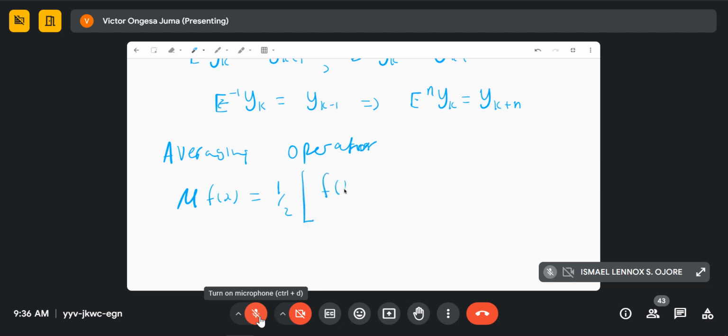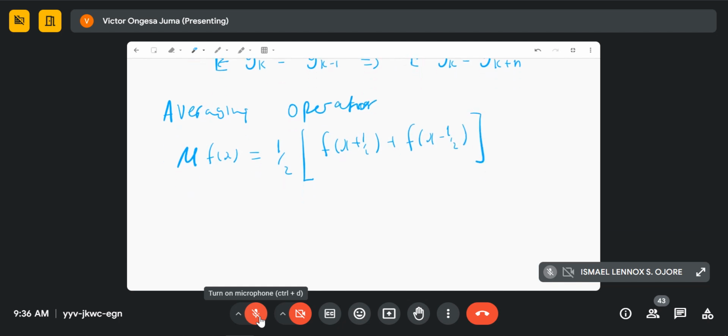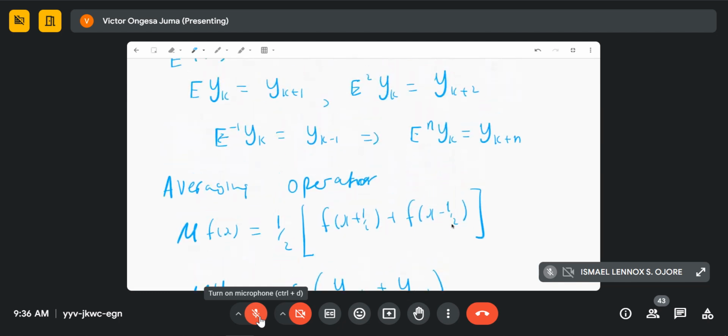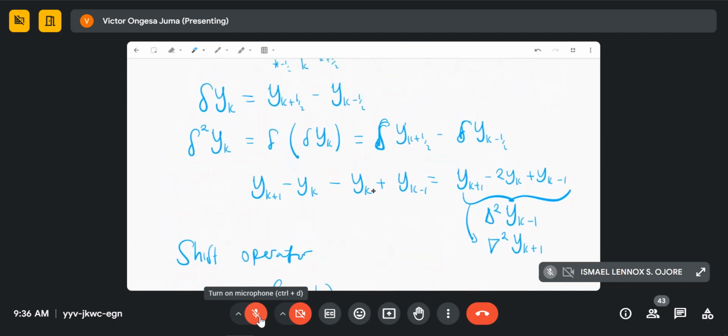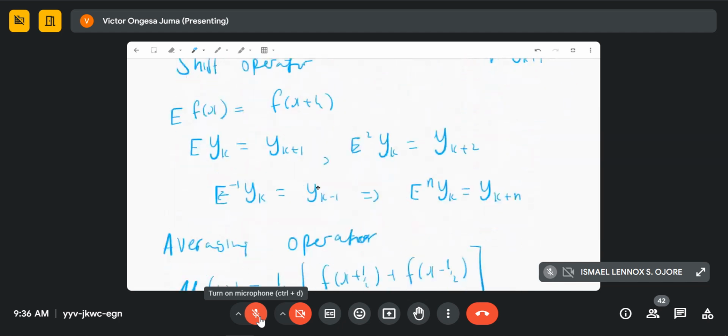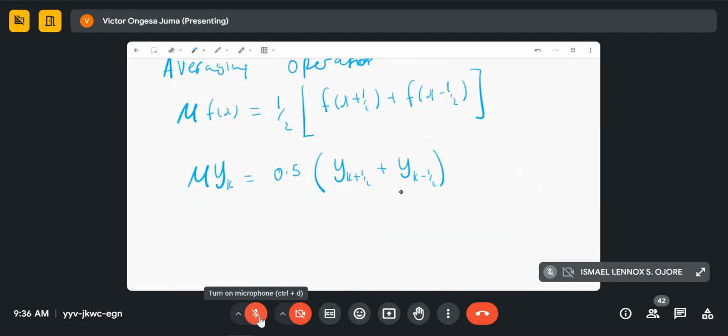So that is f of x plus a half, then plus f of x minus a half. Or in terms of yk, I can say that mu of yk is the same as, let me use 0.5 here, yk plus a half, and then plus yk minus a half. It's almost related to the central difference. But you are subtracting. Here you are finding the average of those values.